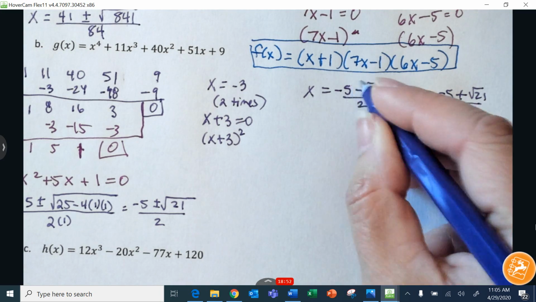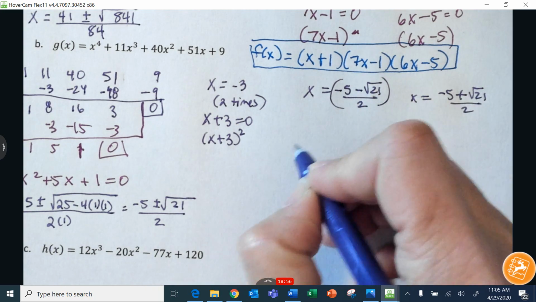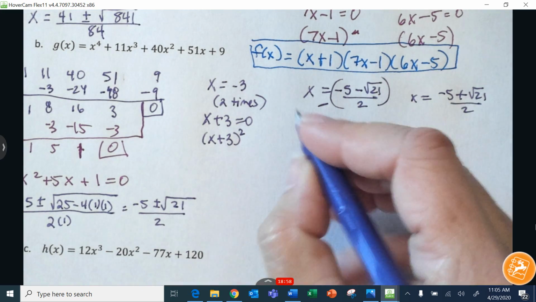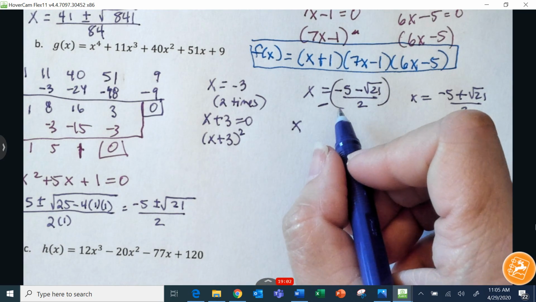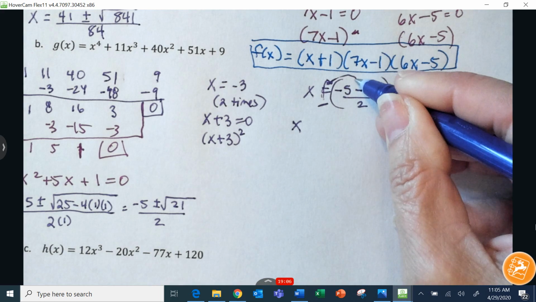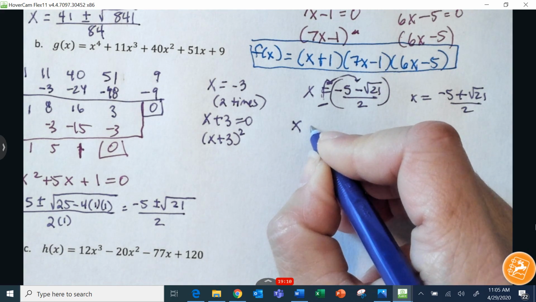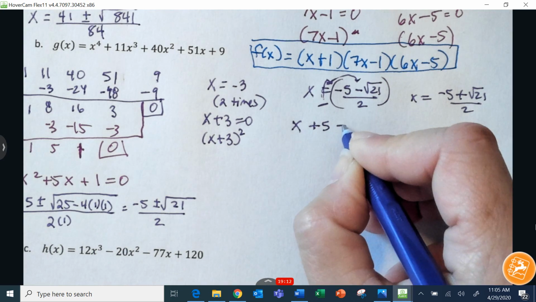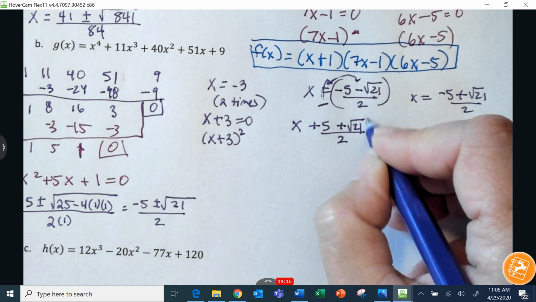Set that equal to 0, we would want to subtract that entire thing from both sides. So if I subtract that entire thing, that is going to be distributing the sign. And so I'll have x plus 5 plus square root 21 over 2 as a factor.